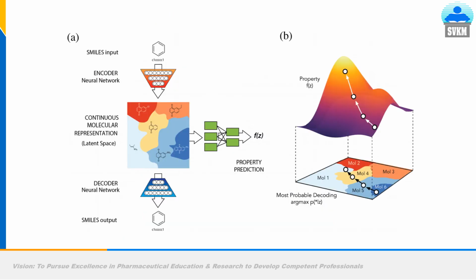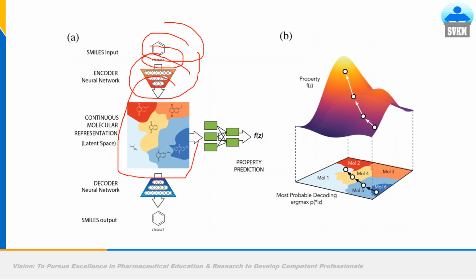Here is a very beautifully explained image from one paper we have already discussed in one video, that is to automatically generate drug-like molecules through a variational autoencoder. It is basically a conditional autoencoder. Why? Because it has your input molecule, the SMILES string, the encoder, and this is the latent space.